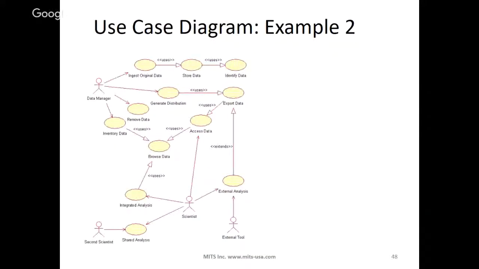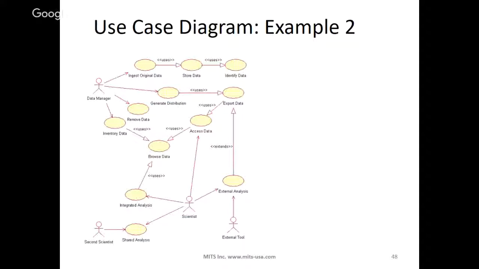Go over to here, and there's another extends here. If you look at uses, you get a data manager that's working with inventory data, the use case of inventory data, assuming inventory is the verb here. We're going to inventory some data, or get the data versus remove the data.